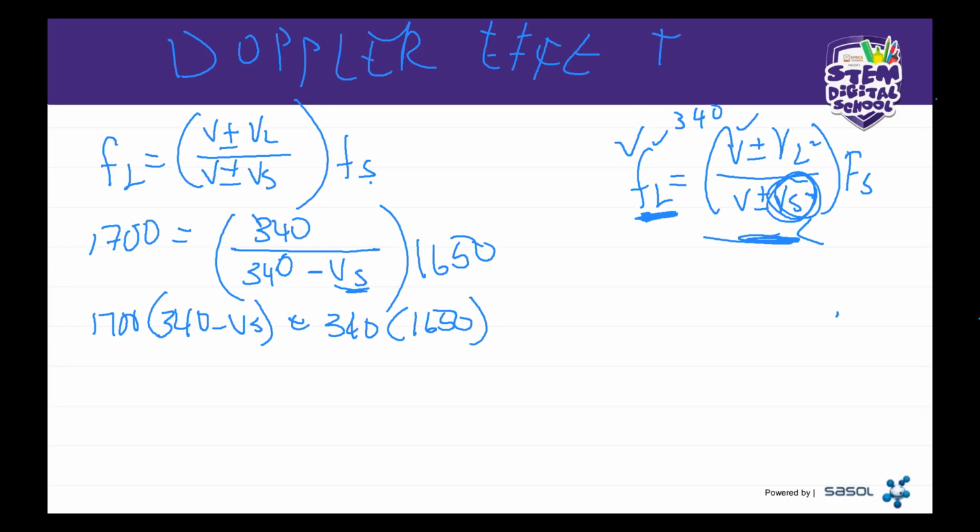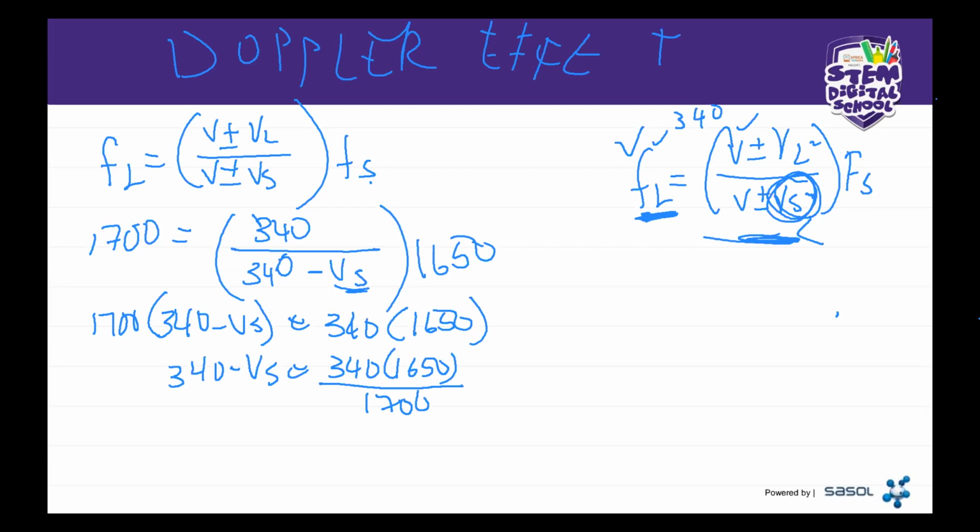Okay, and that's going to give us 340 minus Vs is equal to 340 times 1,650 divided by 1,700. So you see, guys, grade 12, everything you need to work it step by step until you get the correct answer. Otherwise, if you try and calculate according to the calculator, it's easy to make mistakes there. Always make sure that you punch in the correct answers. Okay.